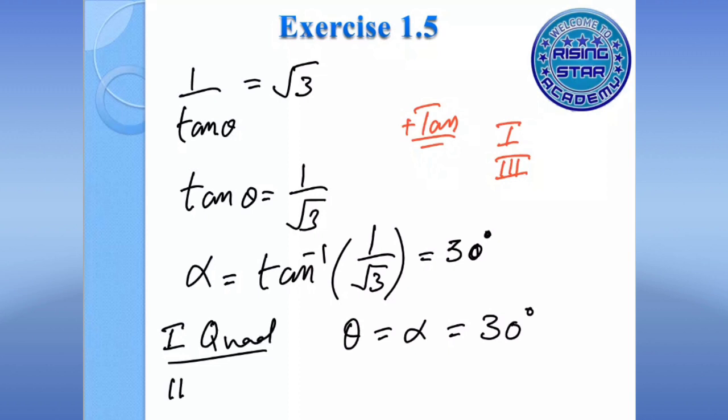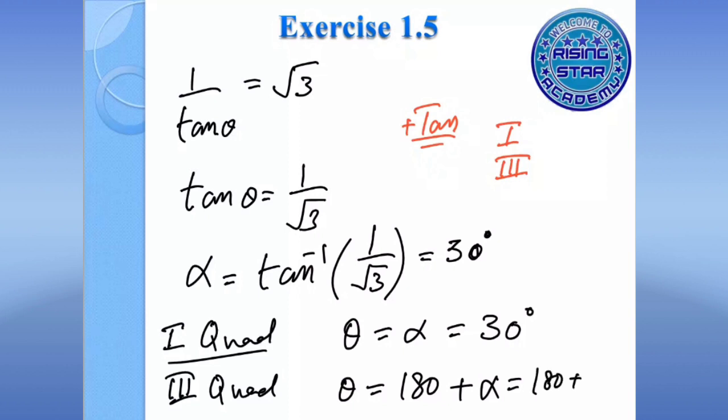For the third quadrant, theta would be equal to 180 plus alpha. So that would be 180 plus 30, which becomes 210 degrees.